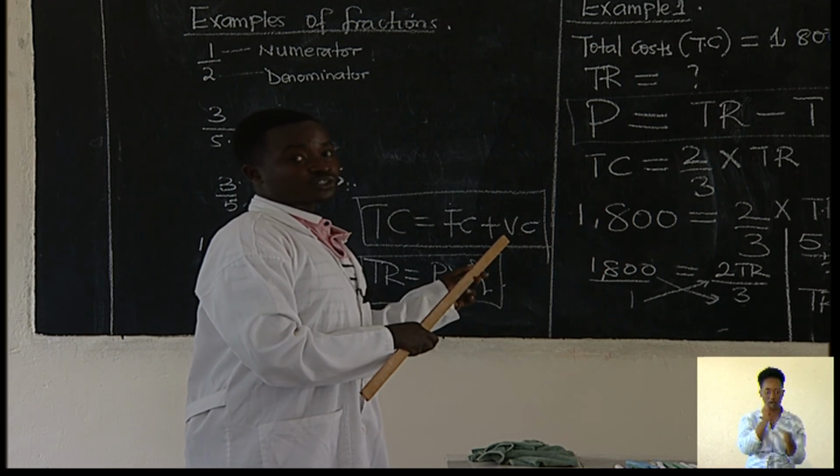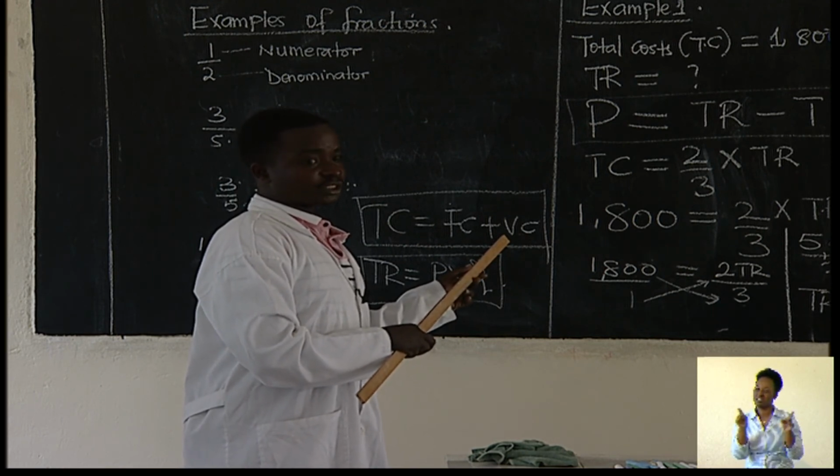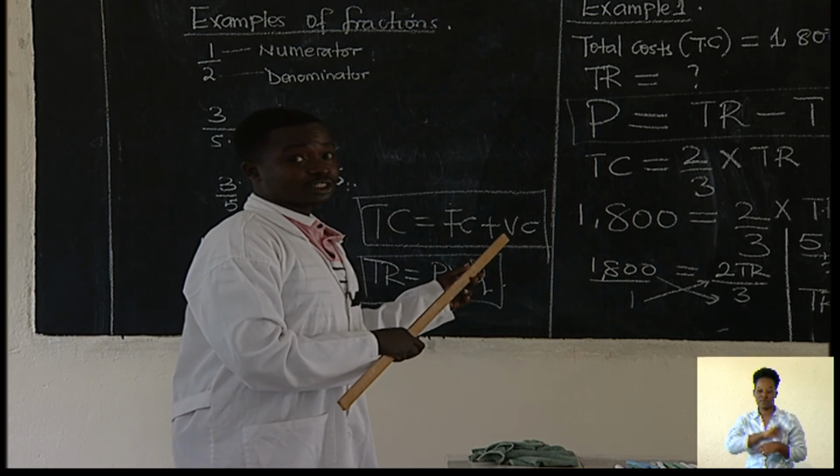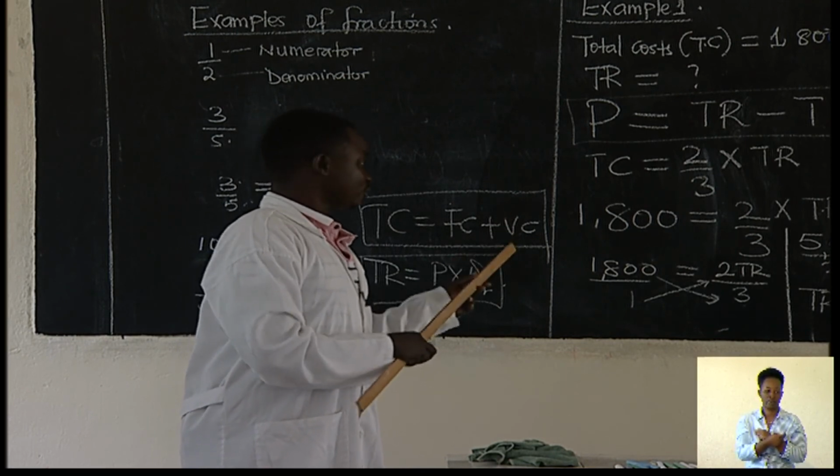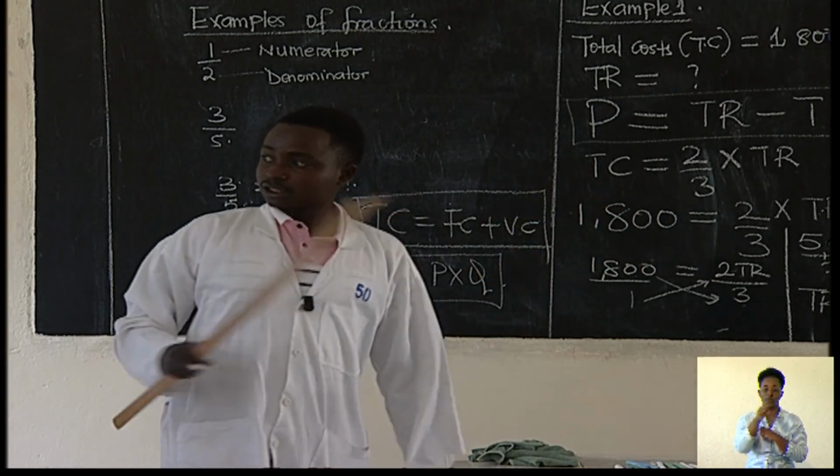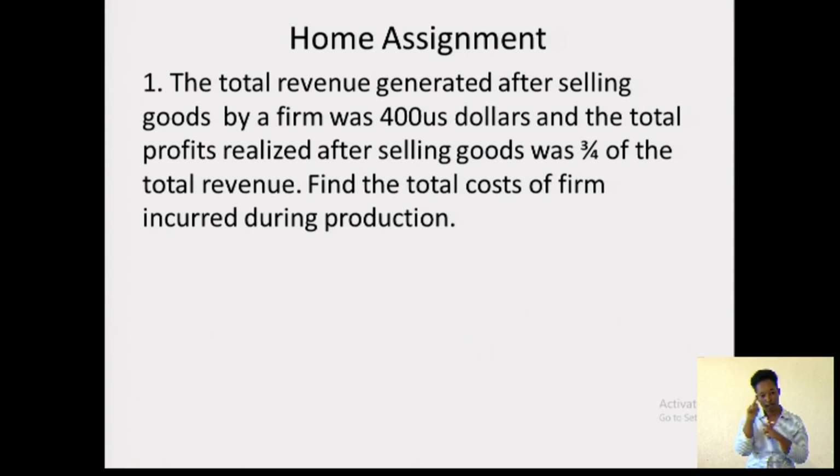The transport costs may also change. The salaries of workers may also change with output level. So you have to know that. Then as you write this question, you will be able to find the total cost of the farm incurred during production.